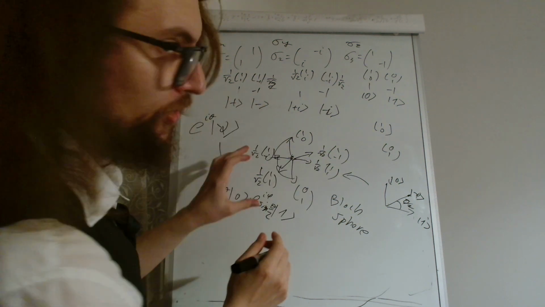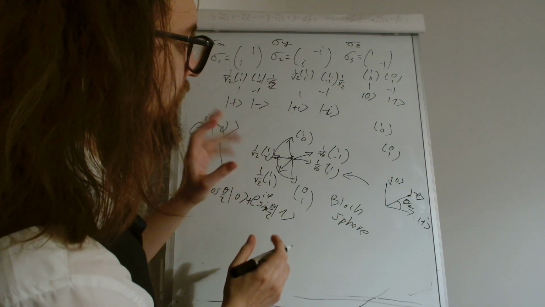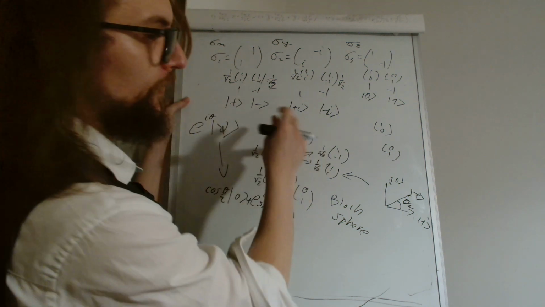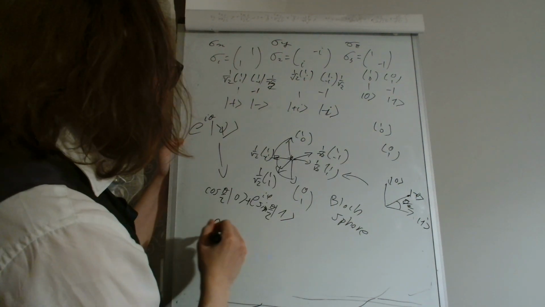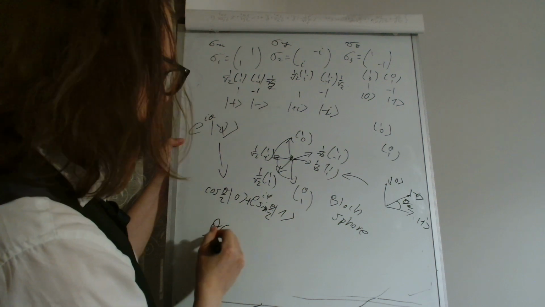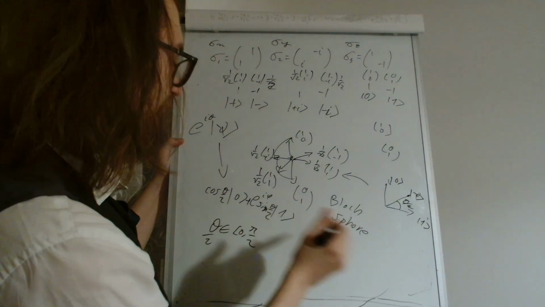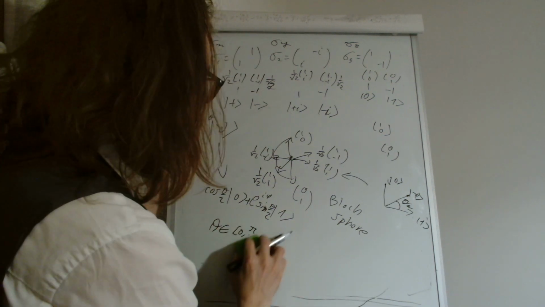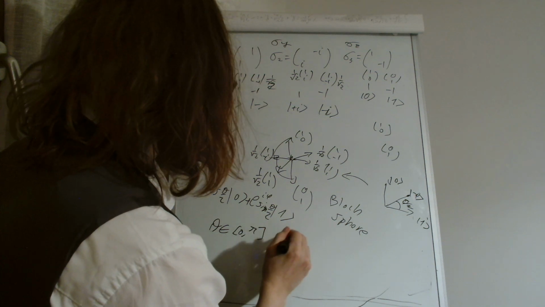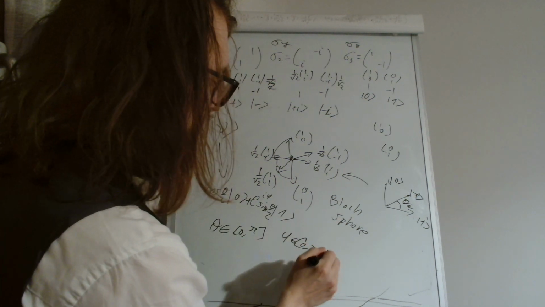So I have chosen theta half because with theta I represent the physical angle. So theta half is between 0 and pi half, right? And so theta is between 0 and pi, and phi is between 0 and 2 pi, so we have recovered the whole 3D sphere.